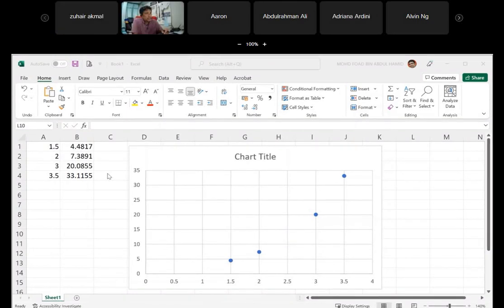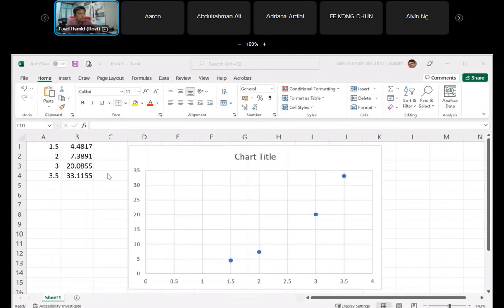Regression or interpolation? This is the topic under curve fitting, the one before differentiation and integration. So the question is, when do you use interpolation and when do you use regression?